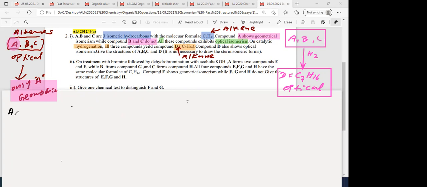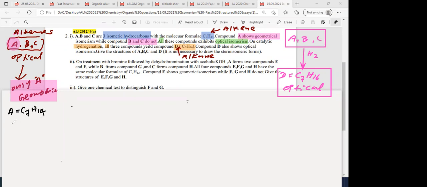You can't just draw. If I know the answer, I can directly draw the structure of A, but you should know how your mind is working. That also I had to think. So how you can logically argue to get the answer. So one is what? A is an alkene. So A is C7H14.